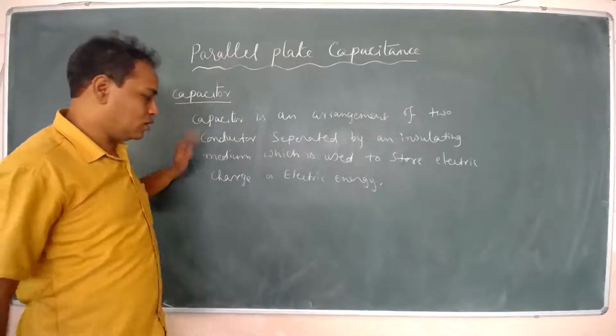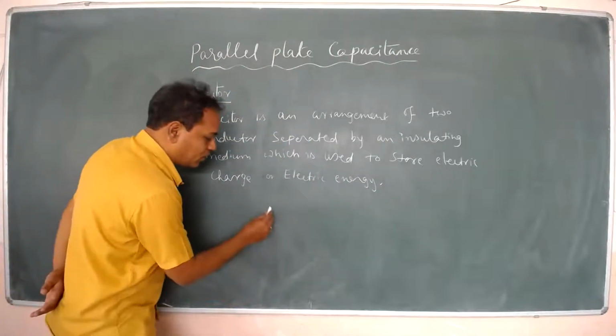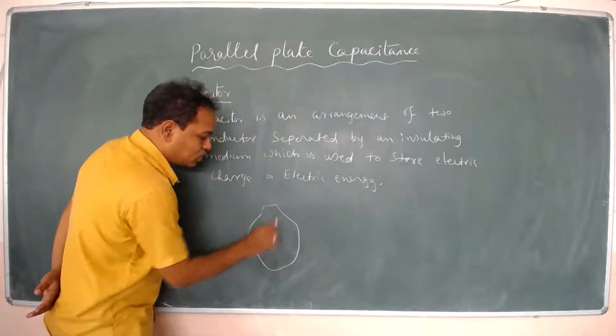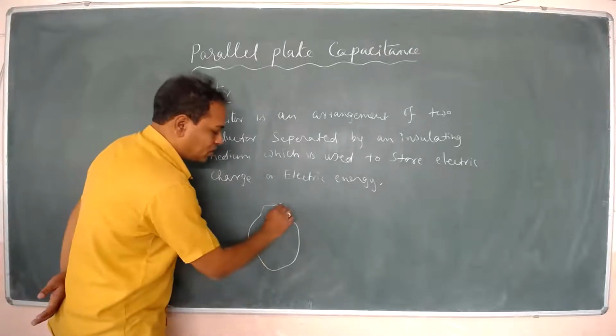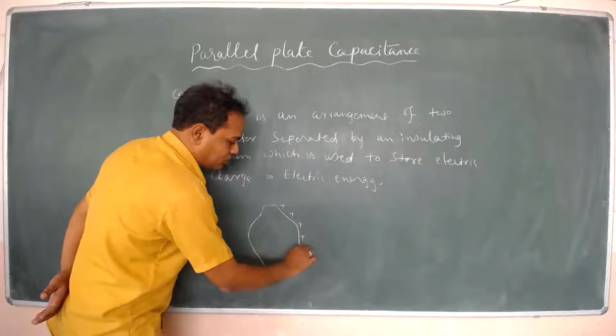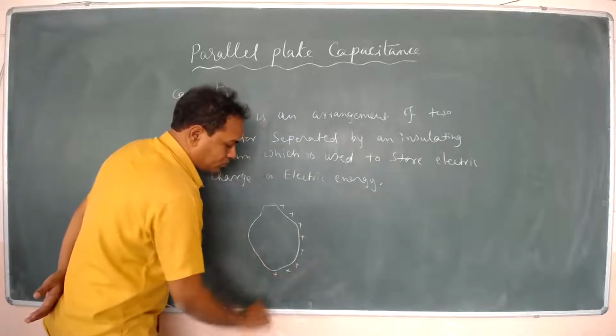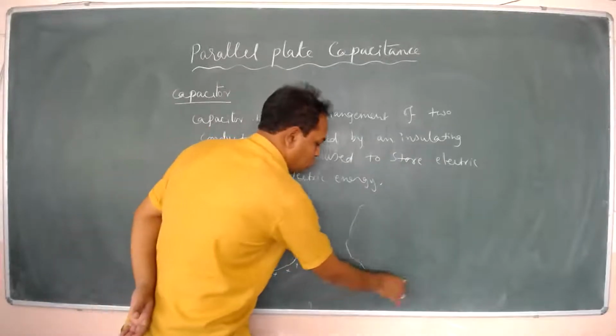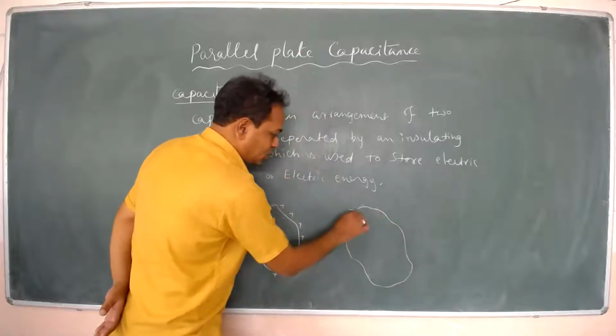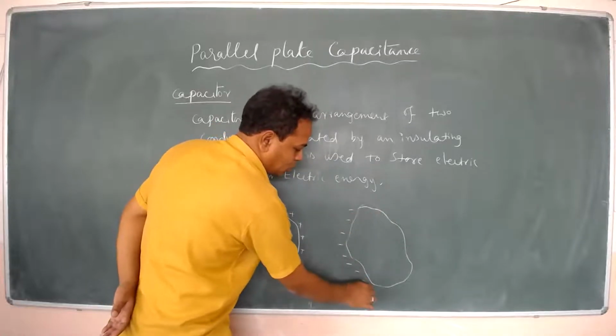For example, suppose this is one conductor, say a positive charge conductor, and this is one more like this, say a negative charge conductor.